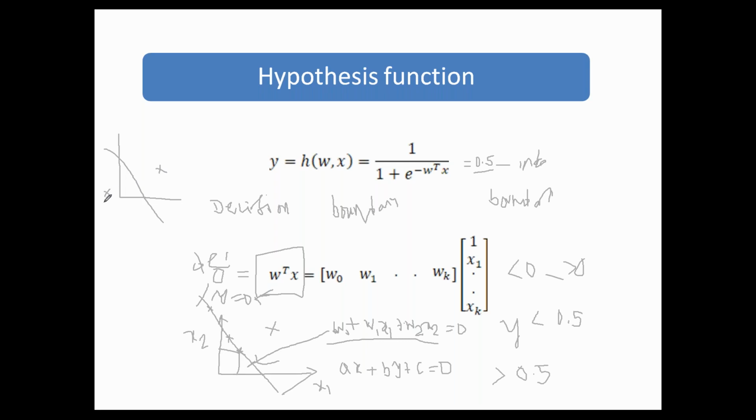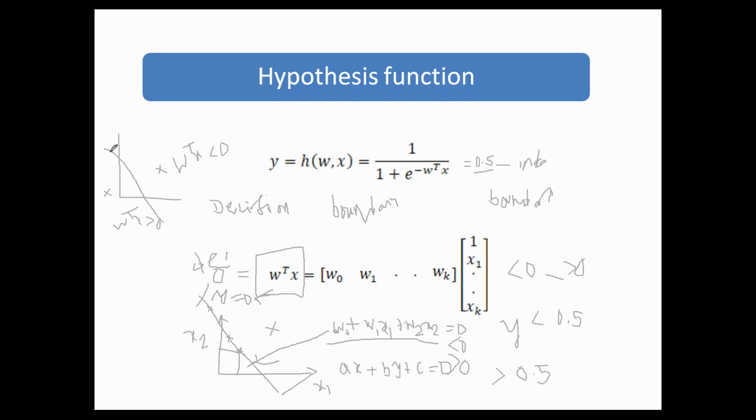So what will happen is, when the point is on one side of this line, W transpose X will be less than 0, and on the other side W transpose X will be greater than 0.